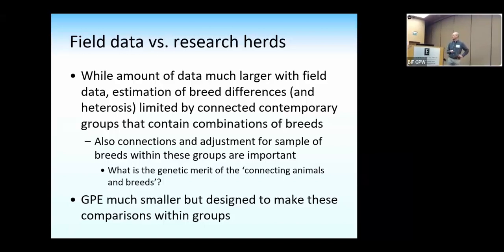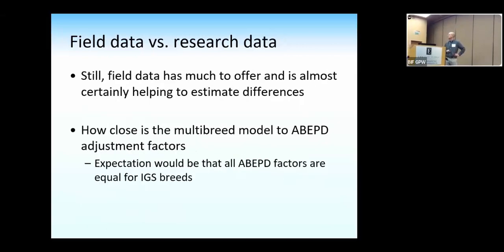Not something I have to tell this group necessarily. GPE is much smaller than that overall, with the number of animals dedicated to it per year, but it's designed to make those comparisons within the breed or within these groups directly because the animals are running together all the time. Still, there's a lot about field data to offer, and it certainly helps estimate differences.